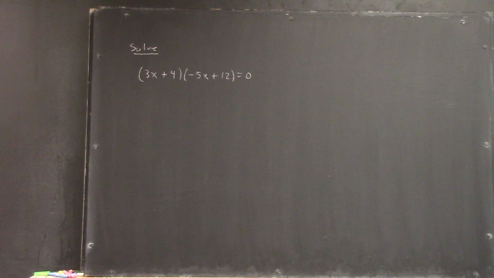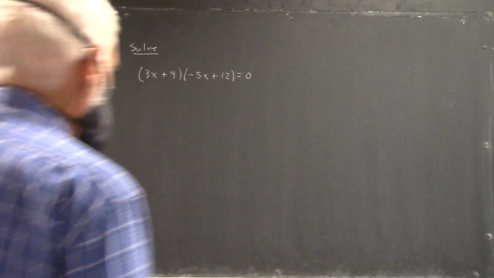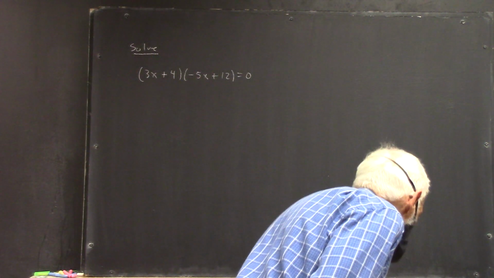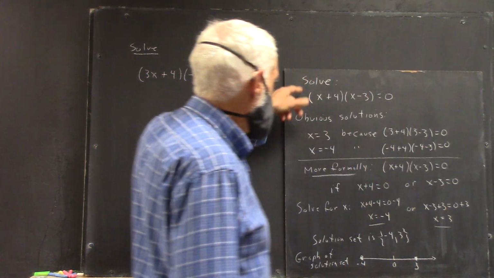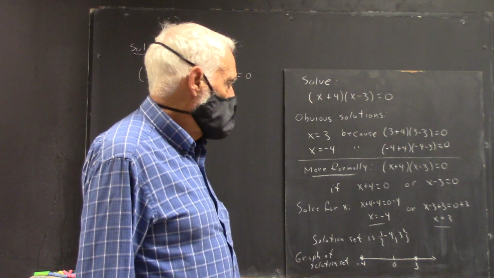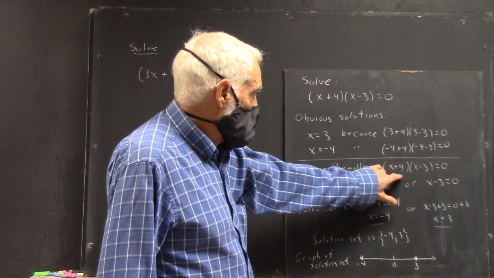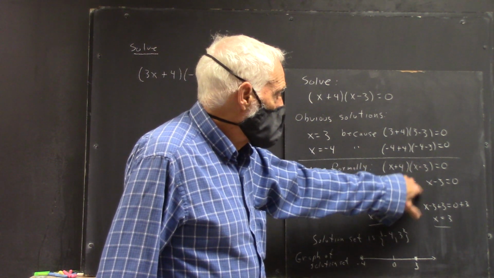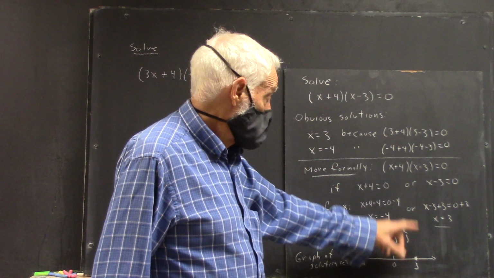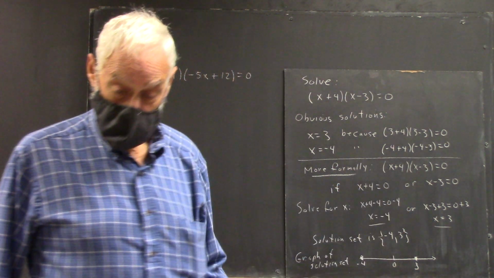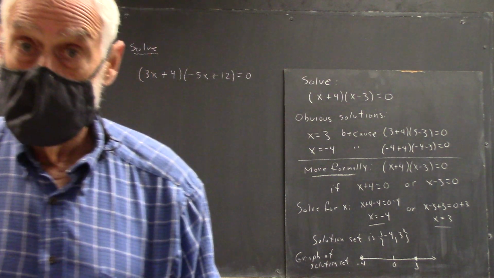So just write out your solution as with this example, I want you to write it out more formally. Just like we wrote x plus 4 equals 0, or x minus 3 equals 0, I want you to write two equations with an or between them to emphasize it could be this or it could be that.